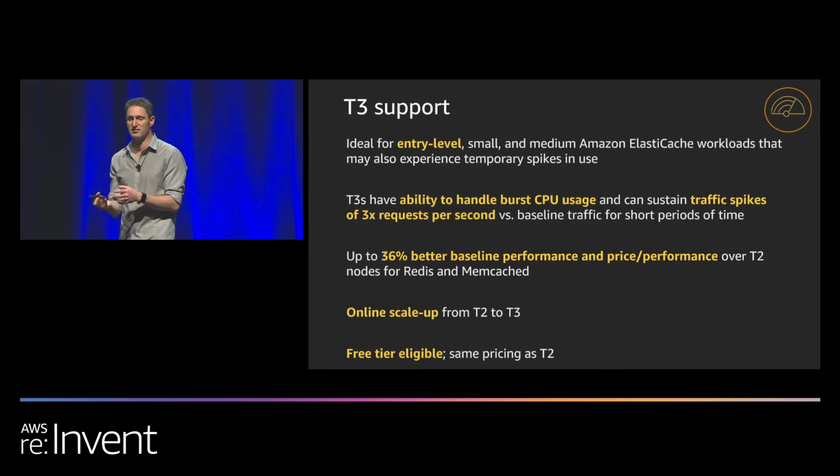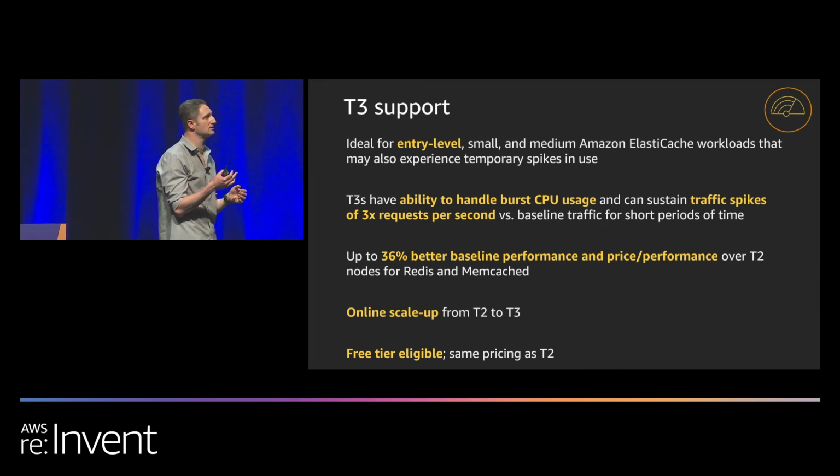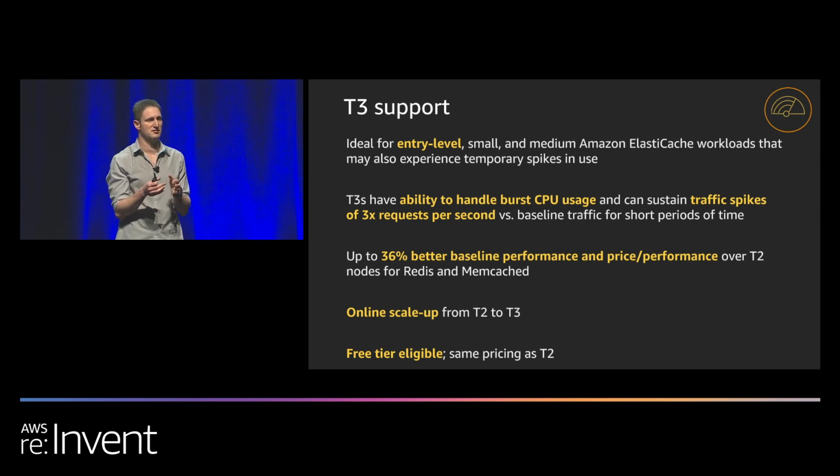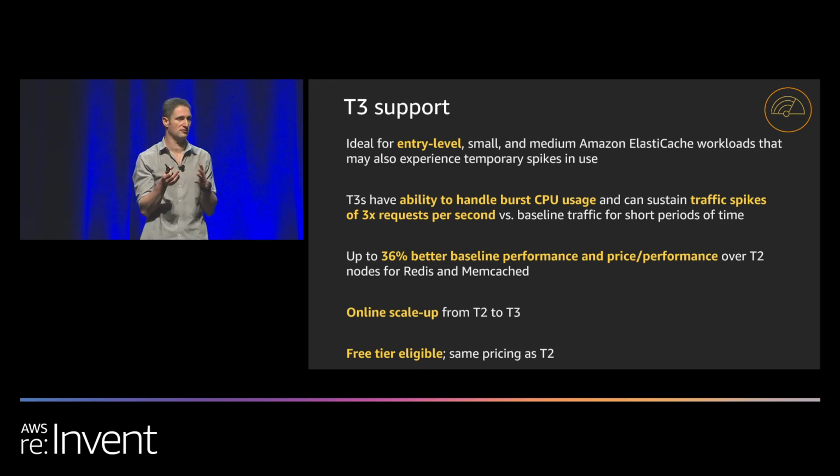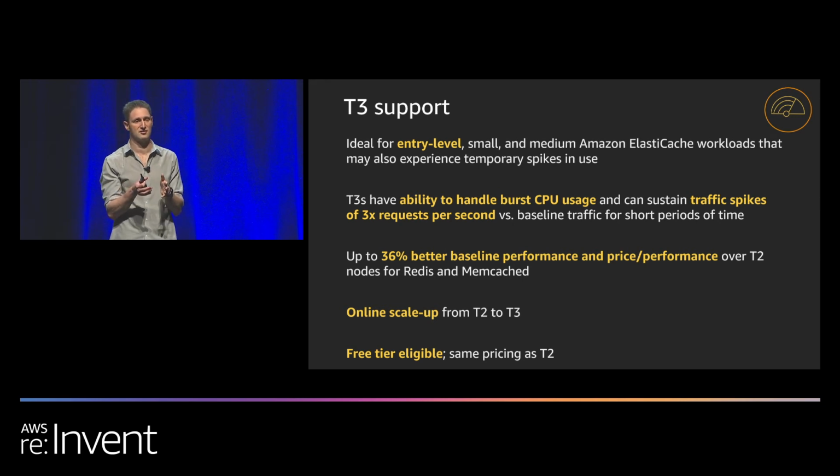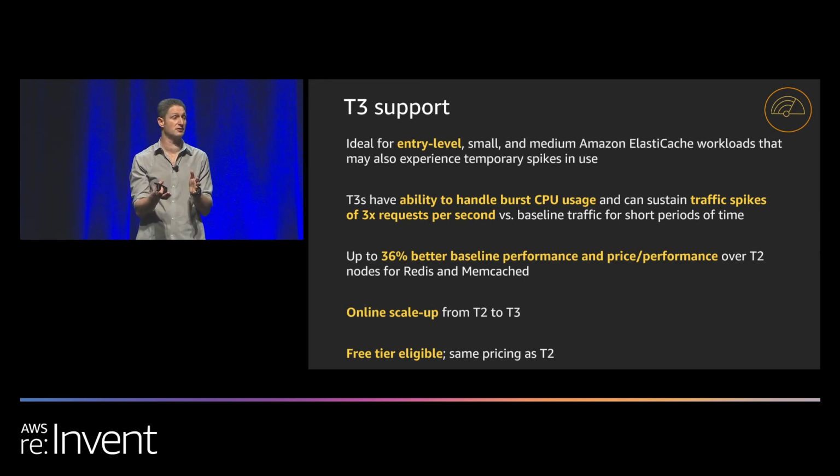All right, so my last slide is about T3s. And we talked about R5 12 extra large. Those are really good for heavy-duty kind of instances that you would use for massive production use cases. If you want entry level, either it's for test or dev, or even if you have small use cases, the T3s are really good.